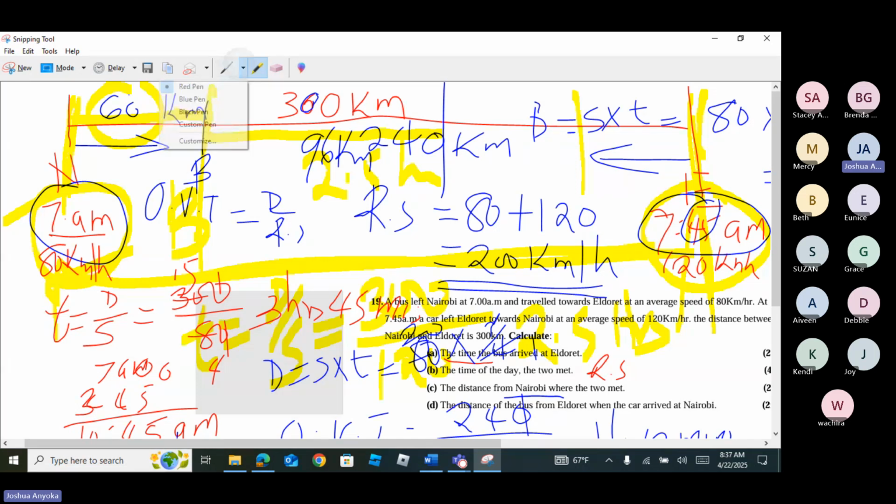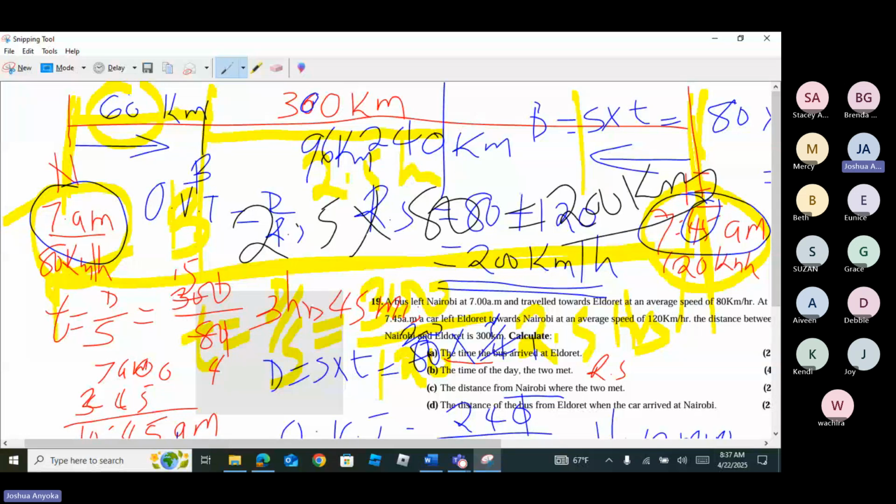It will cover 2.5 times 80, which gives us 200 kilometers. So this 200 kilometers is from where the bus was at 7:45 to where it will be after the lapse of 2.5 hours.